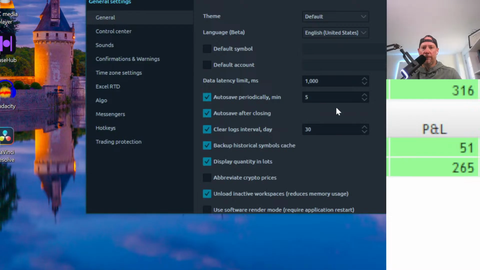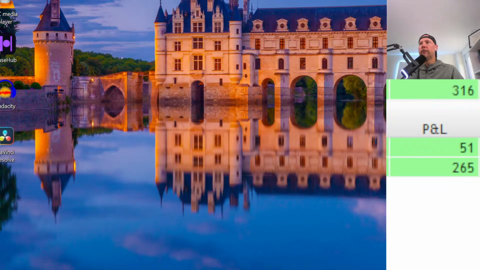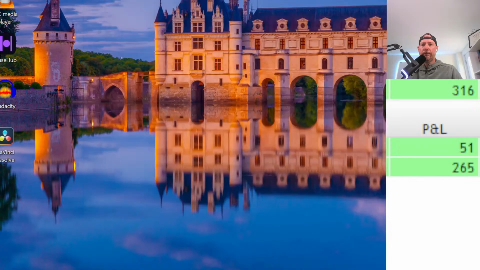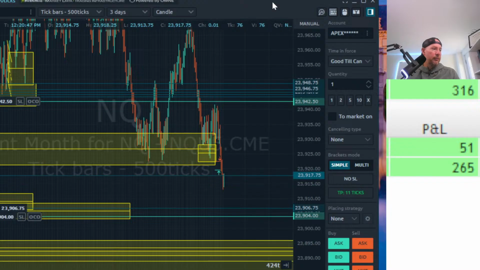Bear with me. Okay, looks like I got in and out. Okay, market is selling off. Okay, hang on a second. I need to manage this trade on my other account.